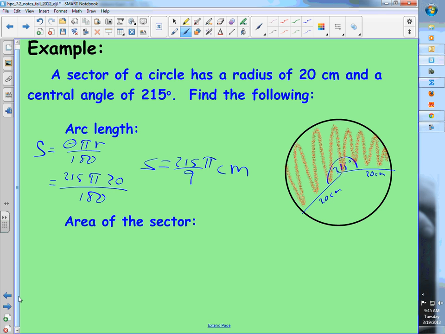Good, what are you doing? K equals theta over 360 pi r squared. What are you plugging in? 215 over 360 multiplied by pi times 400. Okay, so 20 squared.